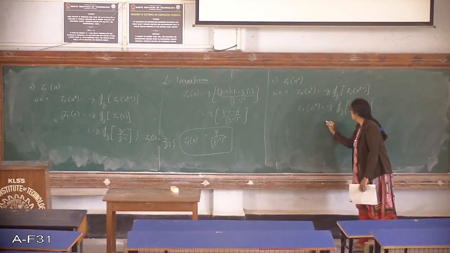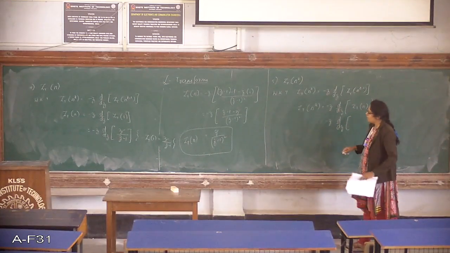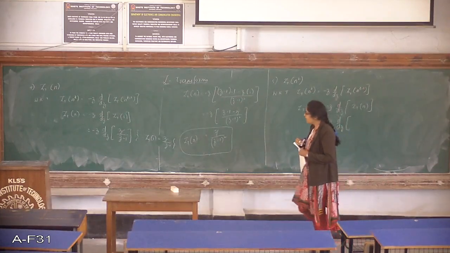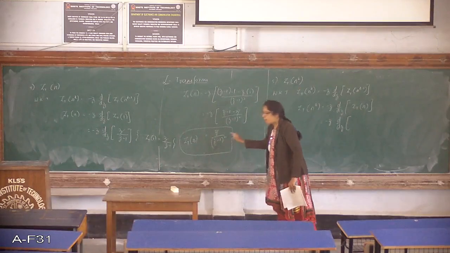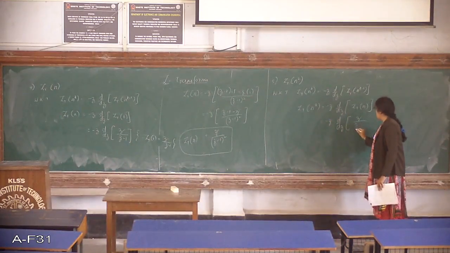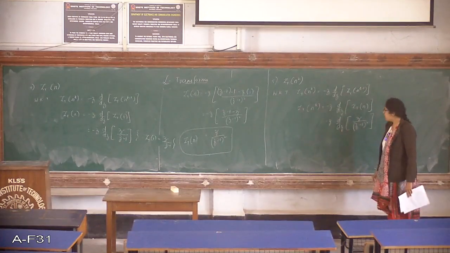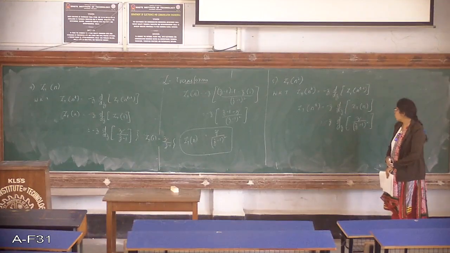We have just obtained that the z transform of n is given by z by z minus 1 the whole square. So the next step is to differentiate z by z minus 1 the whole square with respect to z.